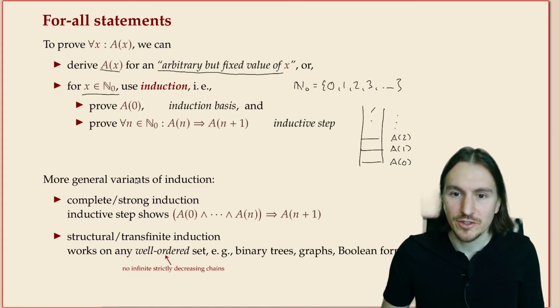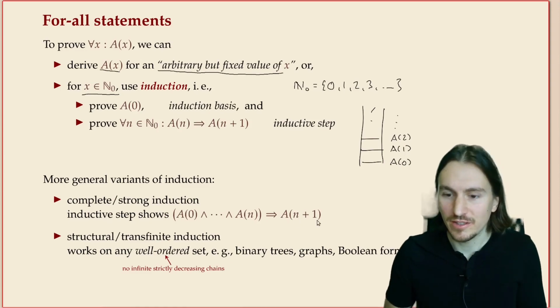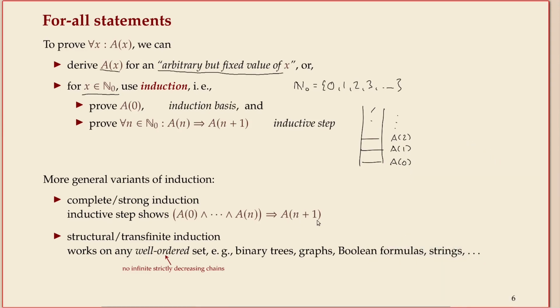There's slight generalizations to this. Instead of just using the last statement, you can use all previous statements, so all the statements with the parameter smaller than n, and show that that implies the next statement. And you can generalize the idea of induction a little bit to other sets and other discrete objects.